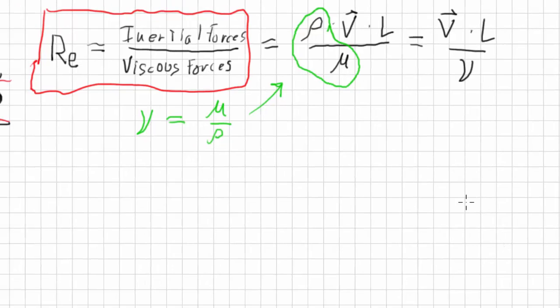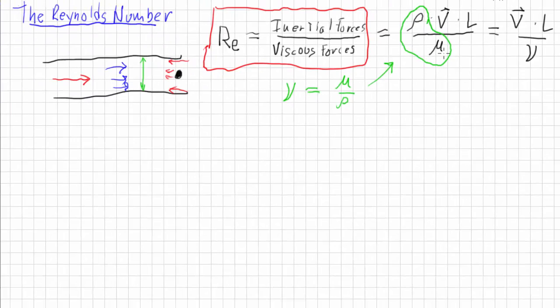Speaking of units and dimensions, let's look at what we have here. We have density, which is mass per unit volume, and volume is length cubed, so some kind of cubic length, cubic centimeters or something like that.